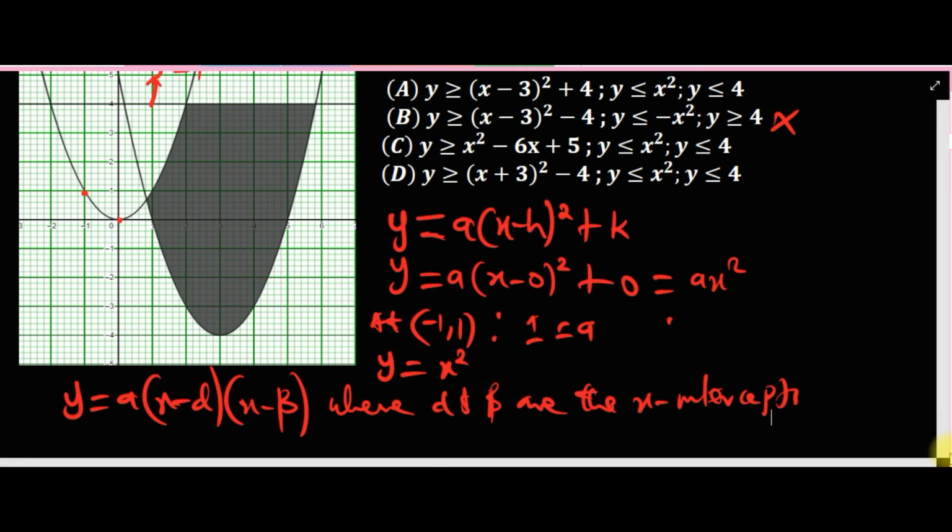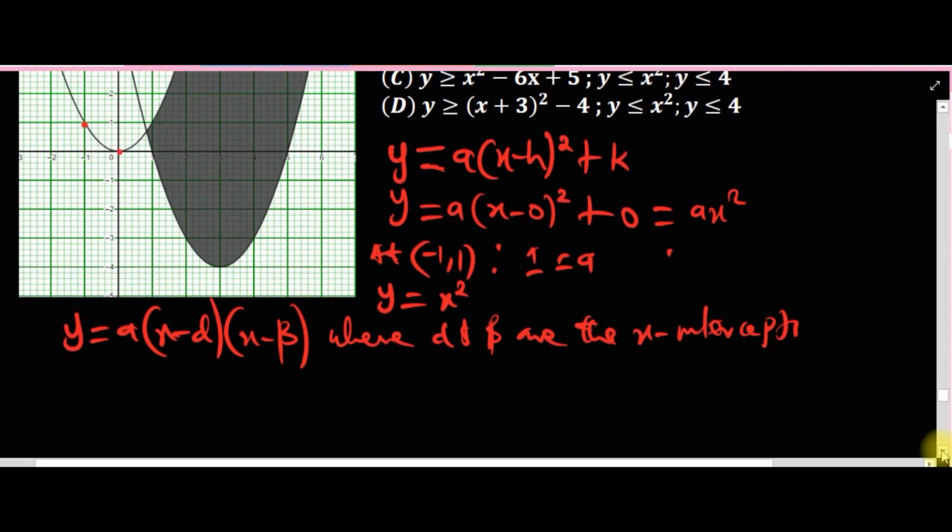So we get it from the diagram: this is 1, so x minus 1 and the other is 5, so x minus 5.